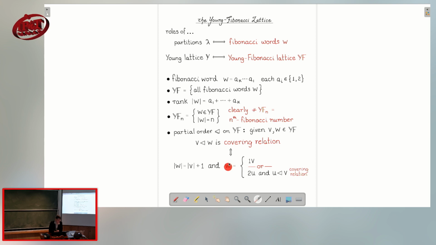And we can get W in one of two ways. We either take V and prefix it by 1, or we take some U and prefix it by 2, where U is something that is covered by V, so from 2 layers before W. This is a recursive procedure of building up the edges, using the previous level and, in this second case, the layer before that.